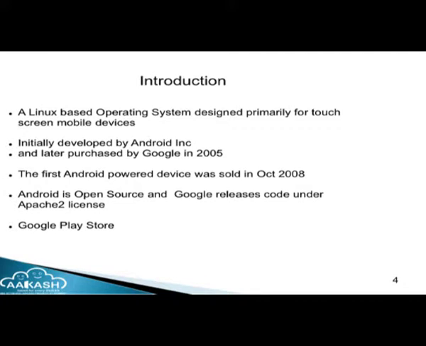Next, Android is open source and Google releases its code under the Apache 2 license. Now this is an important feature of why Android is so popular in the market, because it's open source. What the Apache 2 license says is, if you derive your code from the original work, you can use it for any purpose, you can modify it, you can redistribute it.